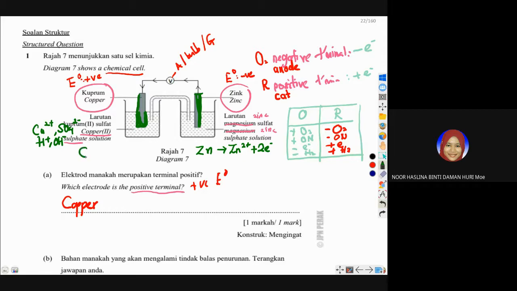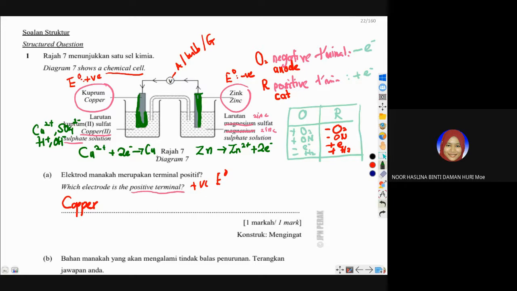Copper 2 ion will receive how many electron based on this oxidation number. Oxidation number 2 kat sini. That means plus 2 electron to form copper atom. All the copper ions here will receive 2 electron to form copper atom. This is what happens at the positive terminal.